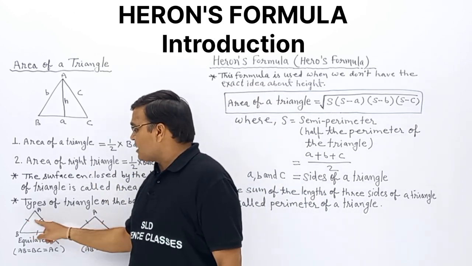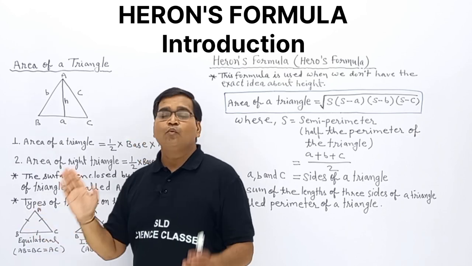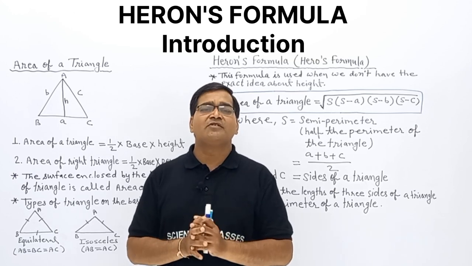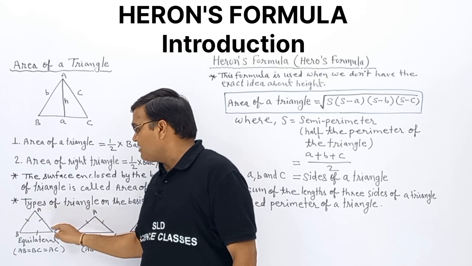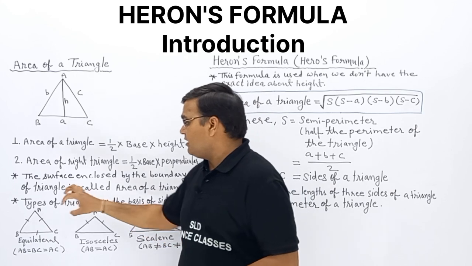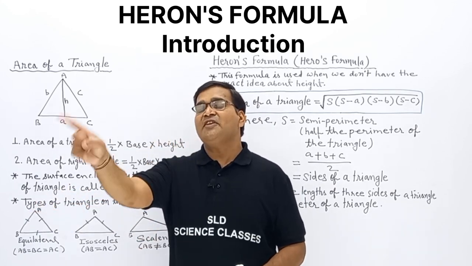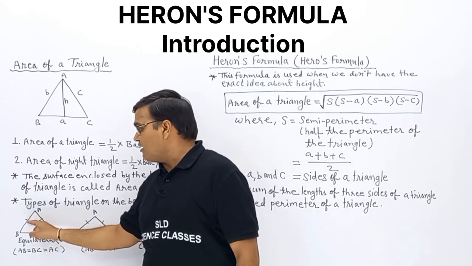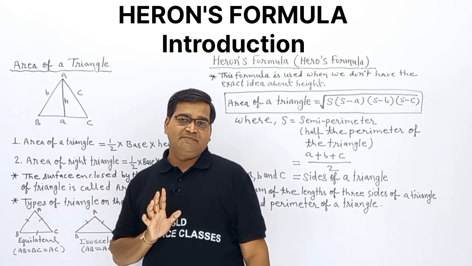We have three sides, and all the sides make one closed boundary. AB, AC and BC make the boundary, and inside it we have the surface. That surface is called the area. So we want the area of this triangle.